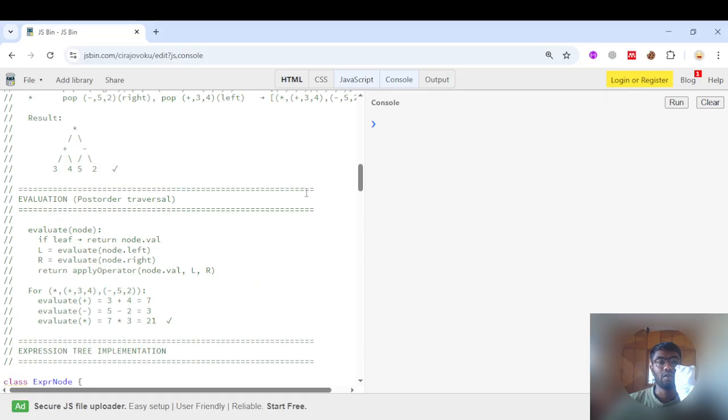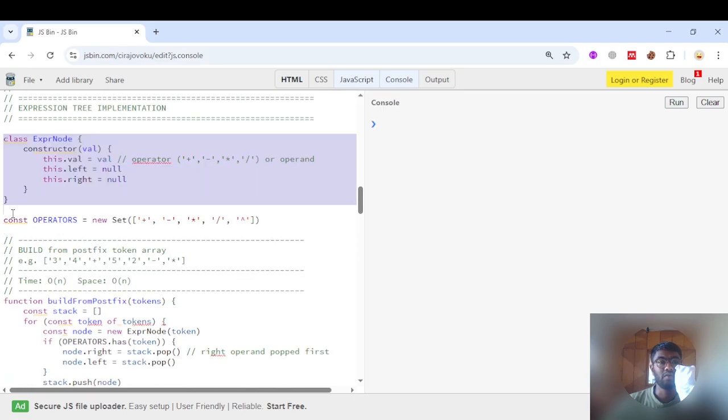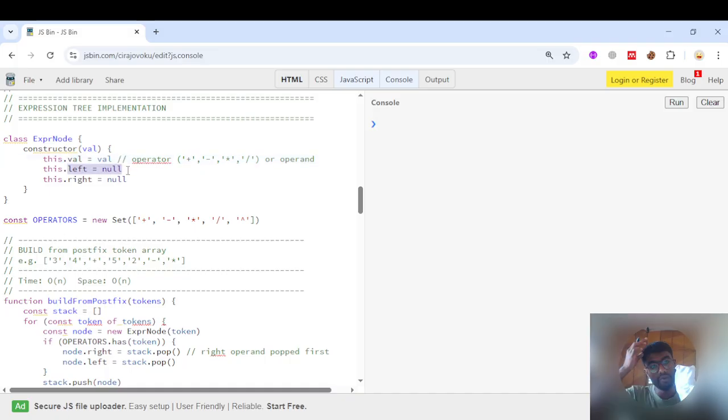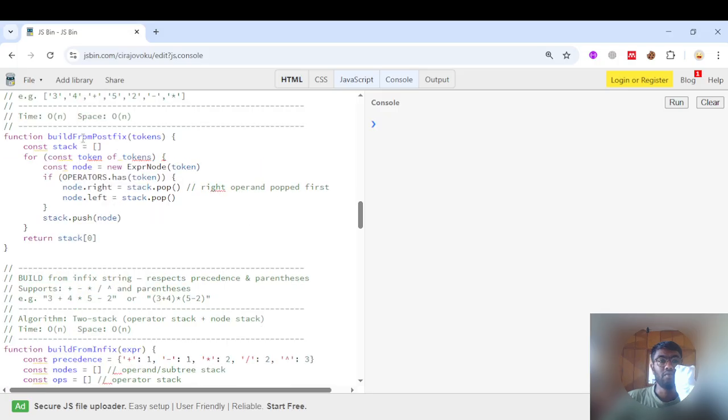So here we have a simple expression node which has a value which is nothing but an operator. The left and right portion of it would simply be operands or the numbers that are required to be operated upon, right? So we have these set of operators, and build from postfix is the one that we were seeing, right?